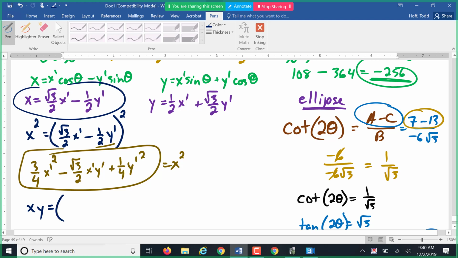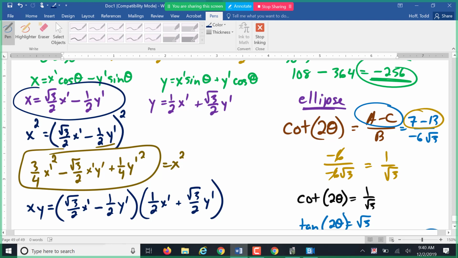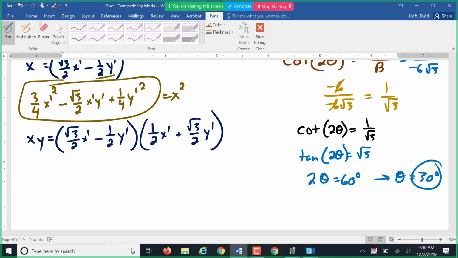We also need to find xy. Well, that's going to be square root of 3 over 2 x prime minus 1/2 y prime times 1/2 x prime plus the square root of 3 over 2 y prime. So we'll multiply this out. Square root of 3 over 2 times 1/2 x is the square root of 3 over 4 x prime squared.